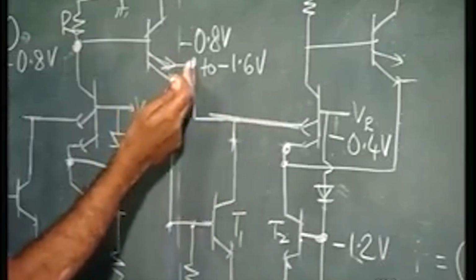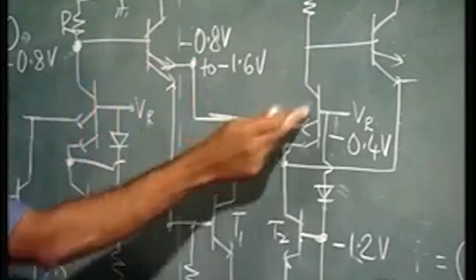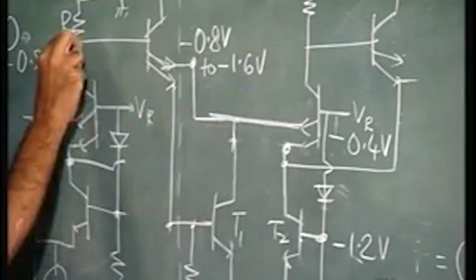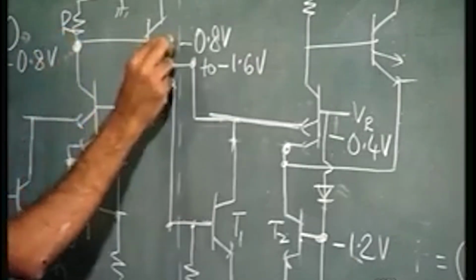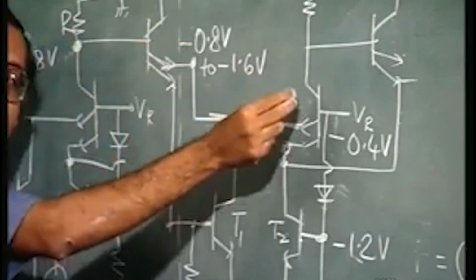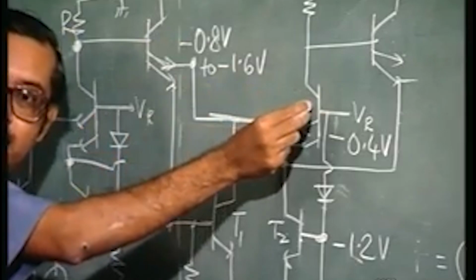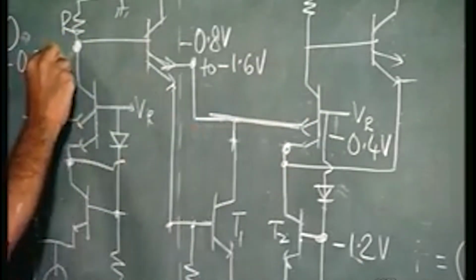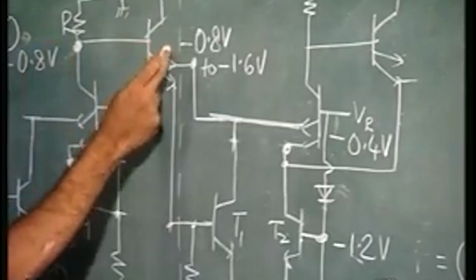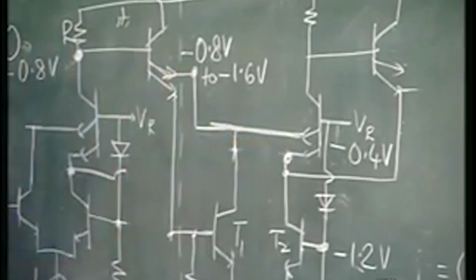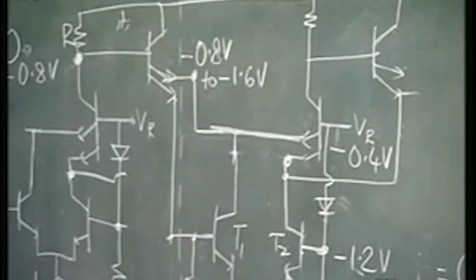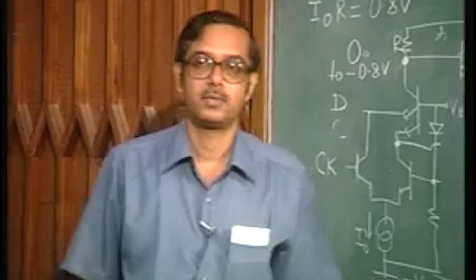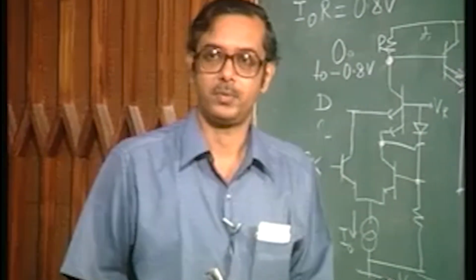Similarly, in this emitter coupled structure, if this is high, that is 0 volts, then this one is on, which means automatically this one is off. And if this goes to minus 0.8, then this one is off and this one turns on. So, you see that there is no problem from the voltage compatibility point of view.